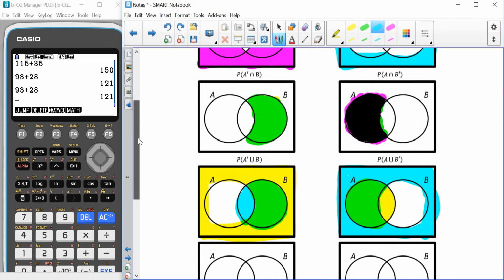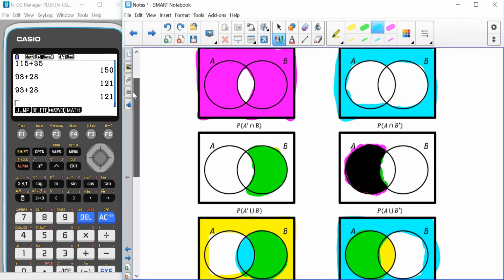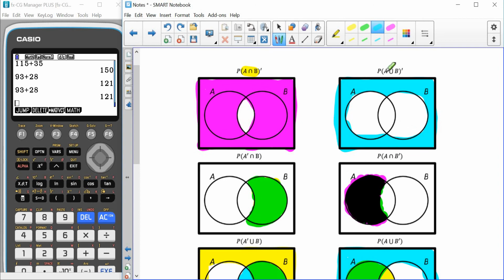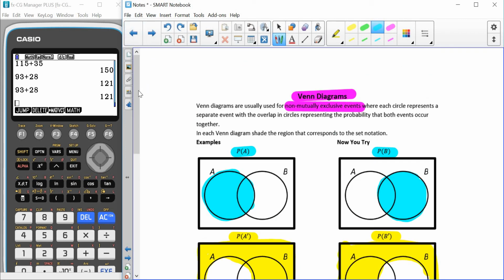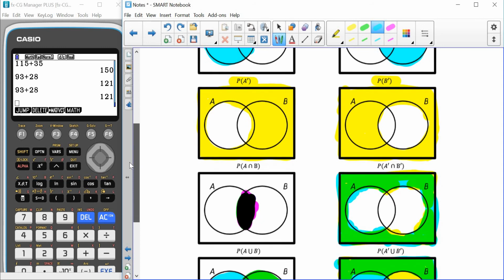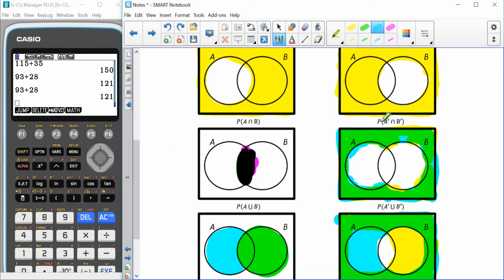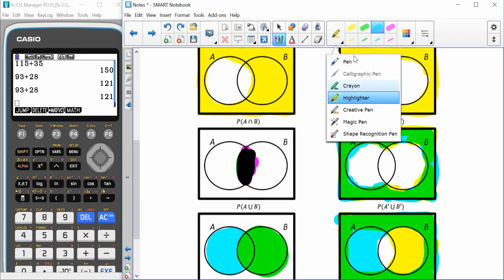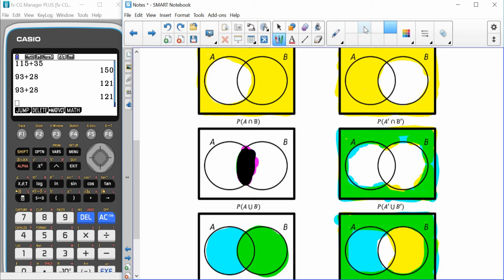Now it's quite important to notice a couple of things. Here, probability of A or B not, if we have a quick look back, here, the probability of not A and not B is exactly the same. So it's these two here that I'm looking at, if I just choose a different coloured pen.